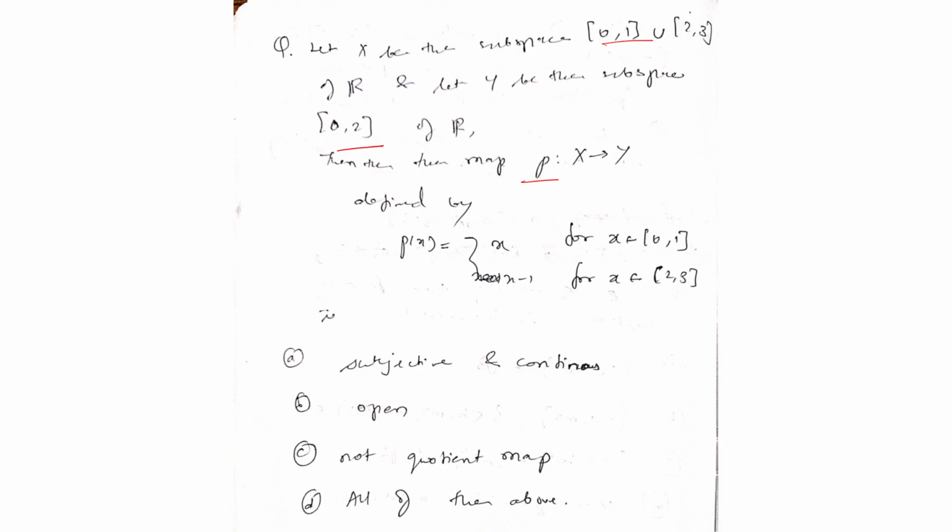Everyone try it. What answer are you getting? You need to find which of the following conditions is satisfied by the map P defined from X to Y, where X is the subspace closed interval [0,1] union closed interval [2,3], and Y is the subspace closed interval [0,2] of R.